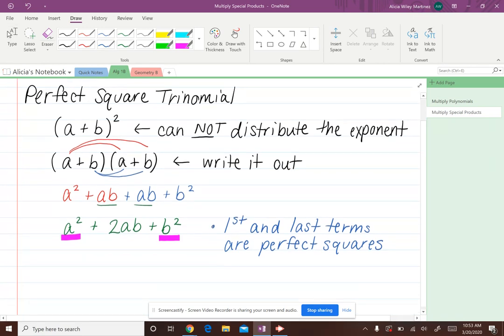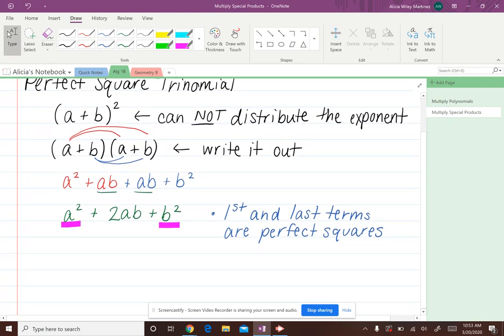The other pattern that you're going to see is, and this one's kind of hard to write out, so I'll just explain it, the product that you get from multiplying the outside terms will be the same as what you get with the inside terms.